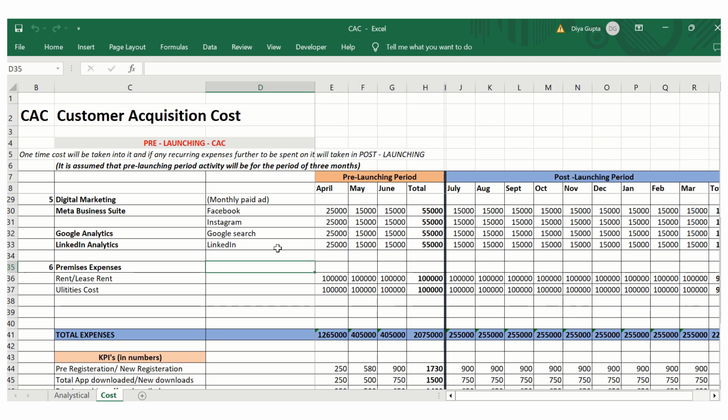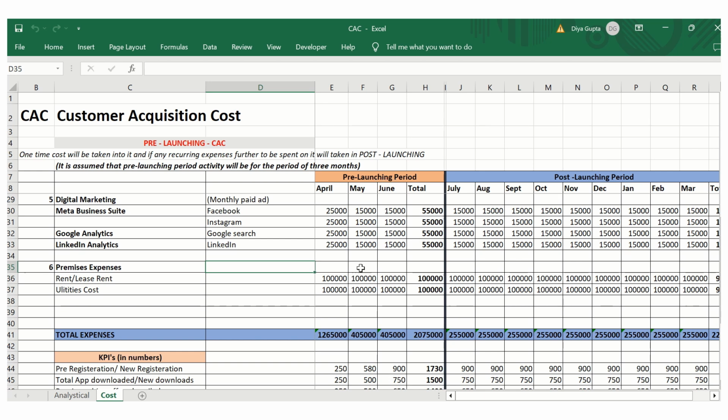Because you want to convert the customer into a regular buyer. So whatever expenses you incur in attracting the customers, or reaching out to the customers, bringing your product to them, all these expenses should come into the CAC, whether it is premises or whatever.